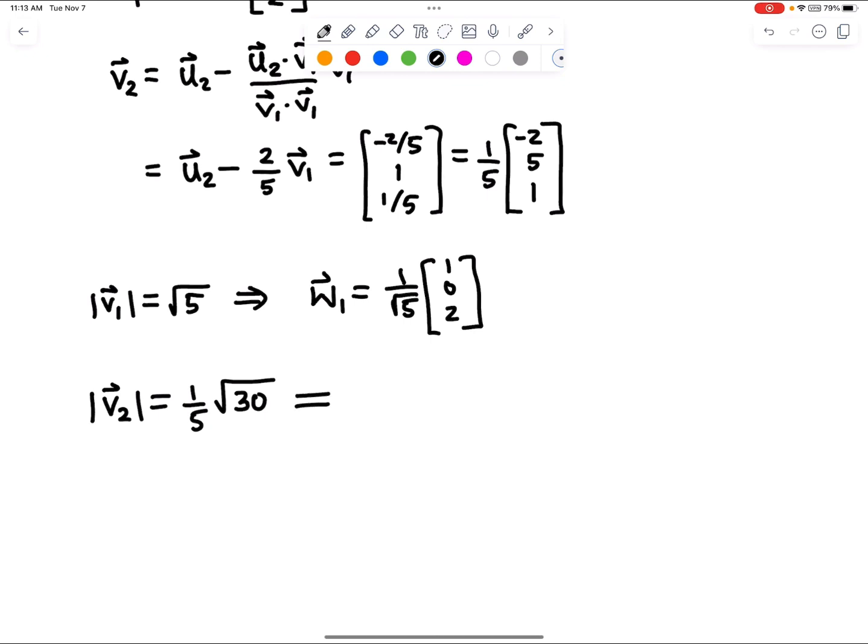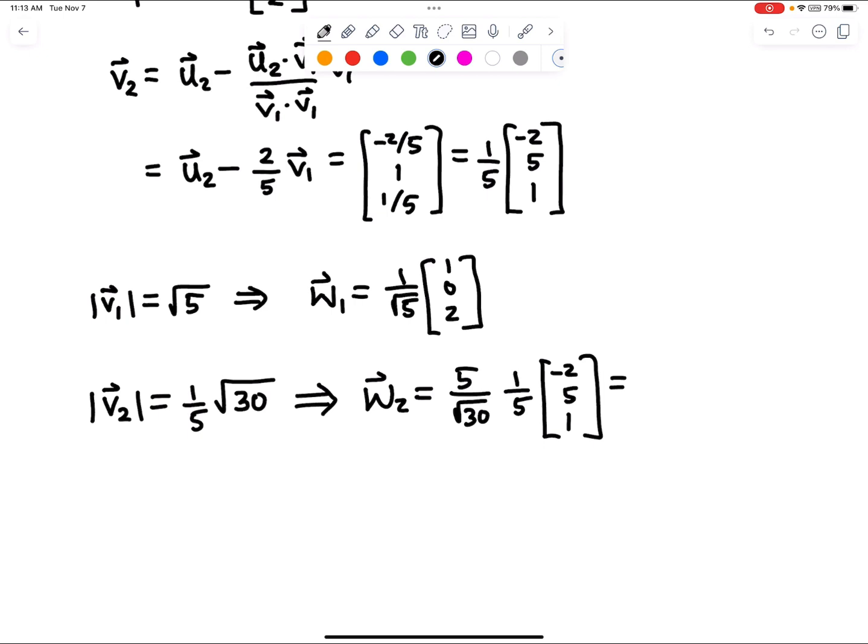So we can construct our normalized vector w2 by doing 1 divided by this. So we'll have 5 over radical 30, the reciprocal of the magnitude, and then times the vector v2. Well, the vector v2 was 1/5 of the vector -2, 5, 1. And you can see this simplifies nicely.